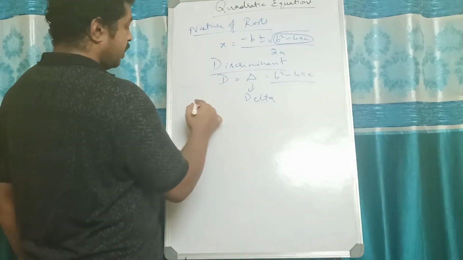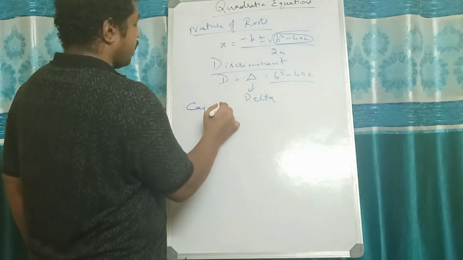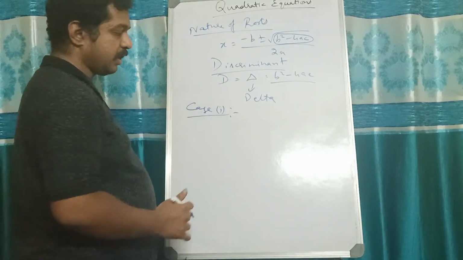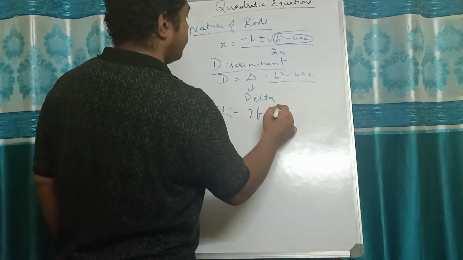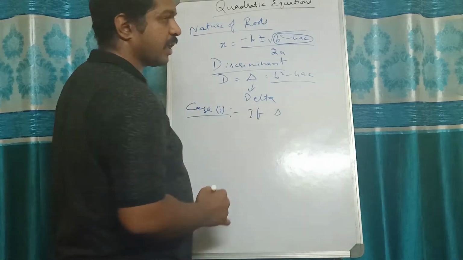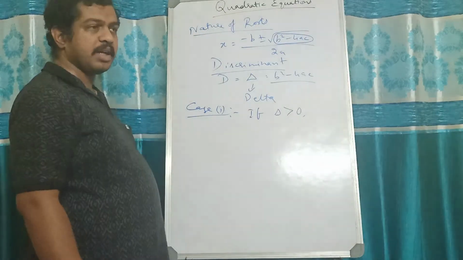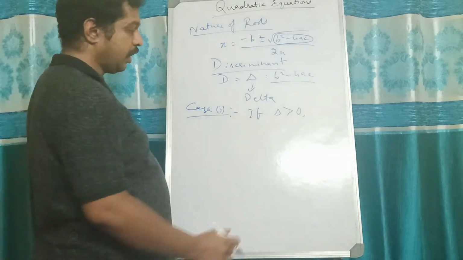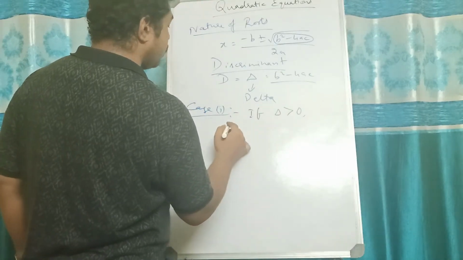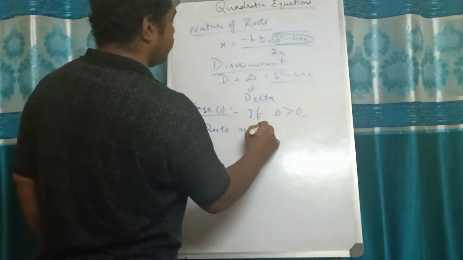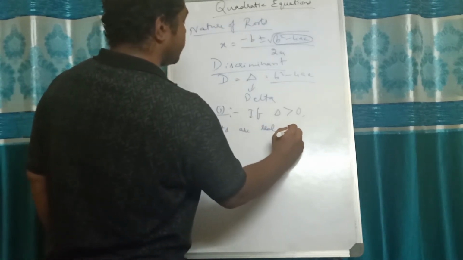Right, so now there exist three different possibilities. Case 1: what if the value of b square minus 4ac, which is denoted as delta, is greater than 0? That means any positive value. If it is any positive value, then we can always say that the roots are real and distinct.